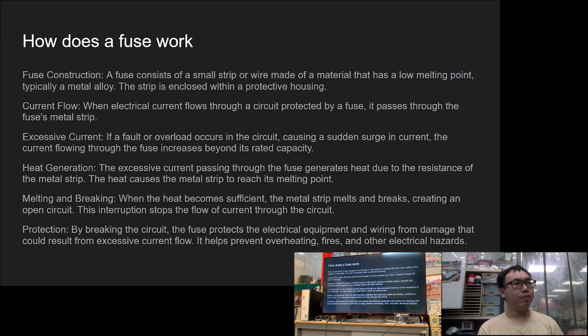So if you use the correct fuse, but the fuse still blows, it means the current inside the equipment is much larger than the fuse can withstand. Like you are using a 5A fuse, but the 5A fuse blows, which means the equipment is probably drawing a 7A current, which is large enough to damage your equipment. So that's why we have a fuse.